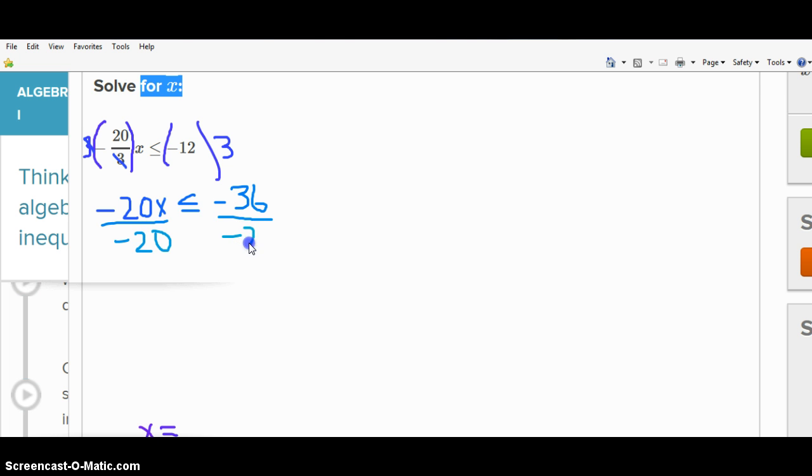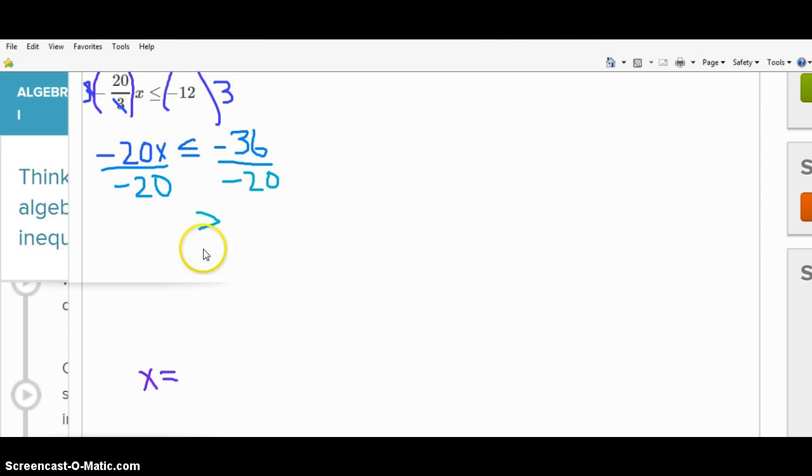One thing you want to remember when you're working with inequalities is that when you multiply or divide each side by a negative number, you have to switch your sign around.